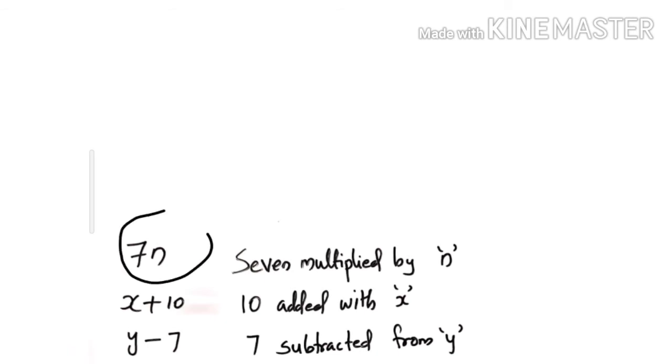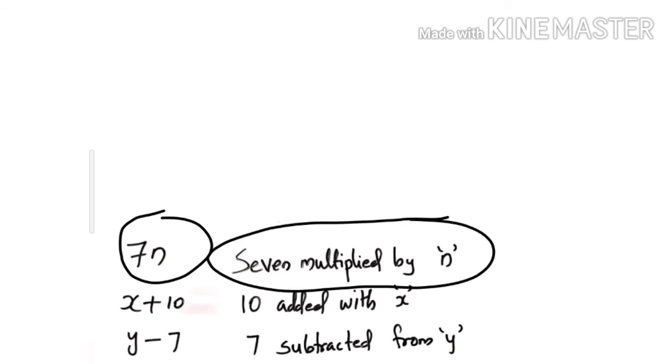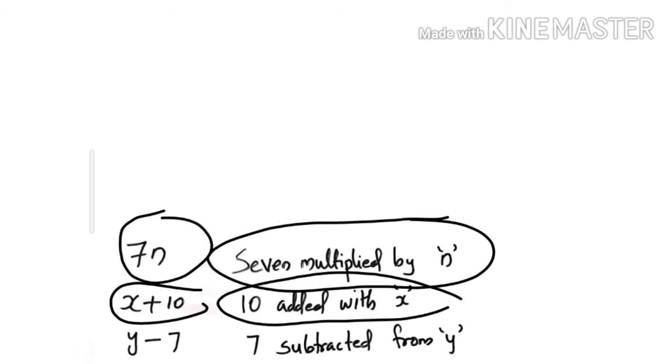Firstly, 7n. 7n means 7 is multiplied with the variable n. Secondly, x plus 10. X plus 10 means 10 is added with x. X may be with any value, it's a variable, so 10 is added with x.